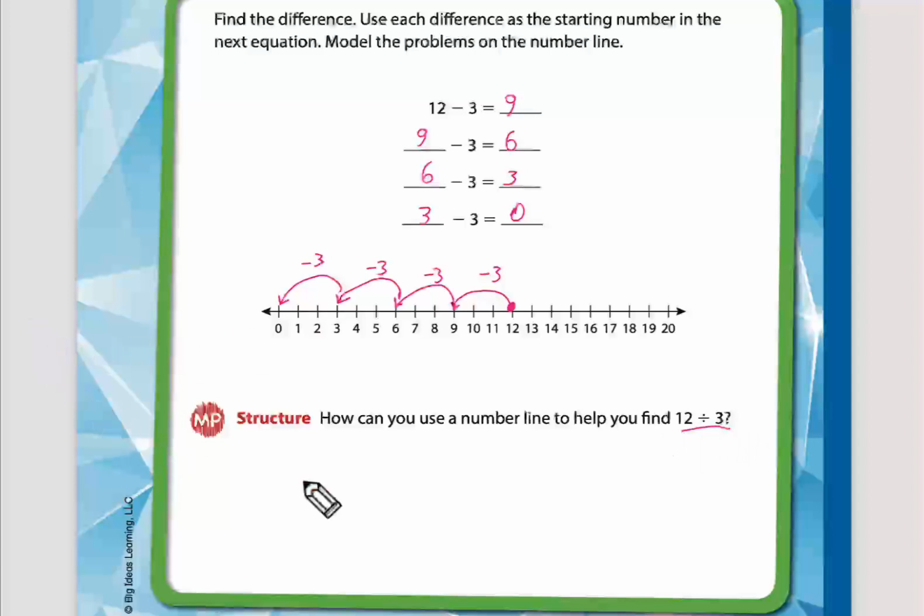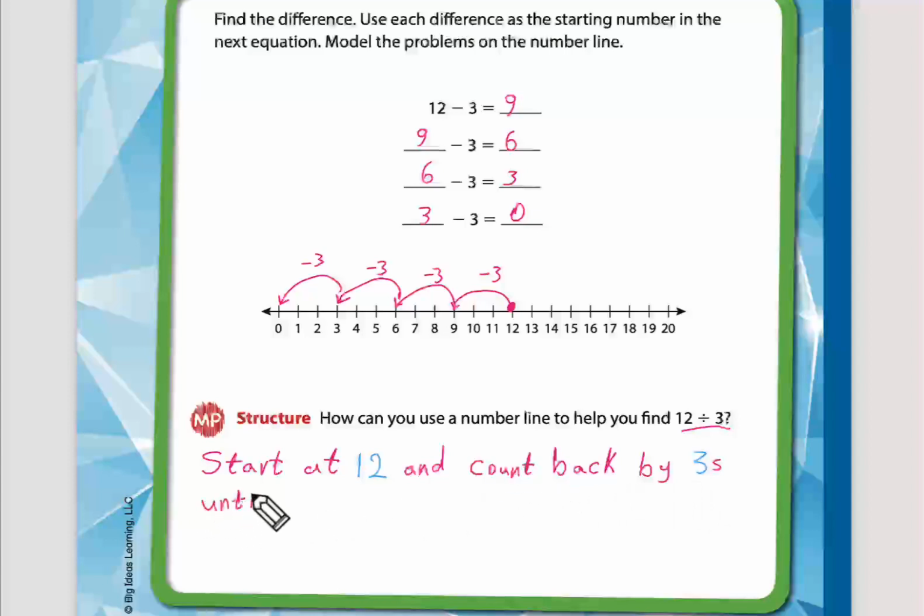Okay, let's write this. We start at 12 and count back by threes until we reach 0.